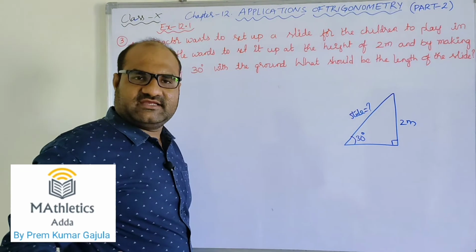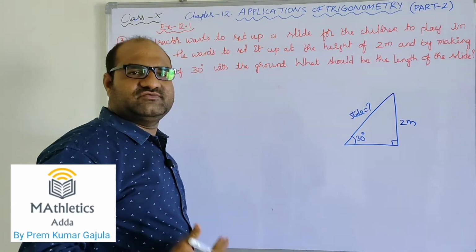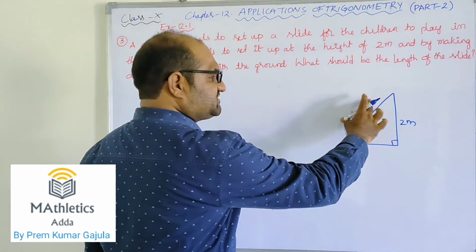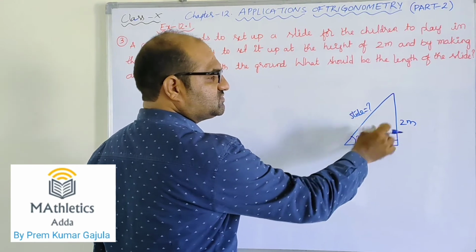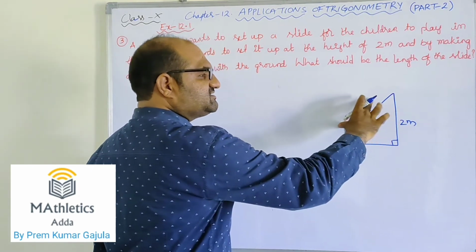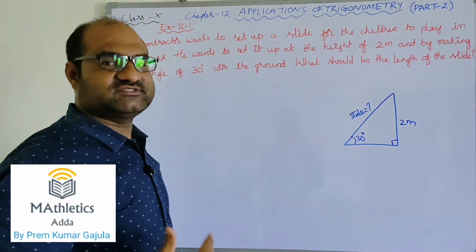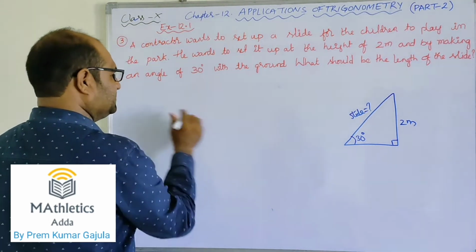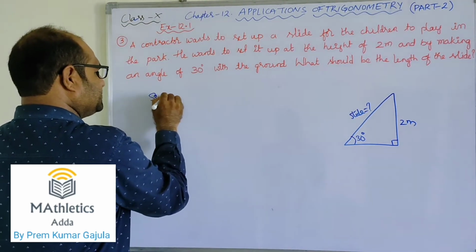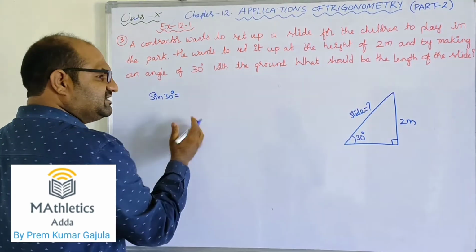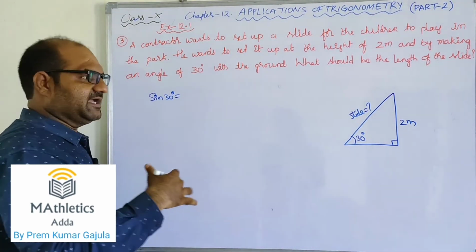Now decide which trigonometric ratio we should apply to get this by using these two. This is the opposite side and this is the hypotenuse. So which trigonometric ratio? Yeah, very good, sine 30. So now I am applying sine 30 degrees. Sine 30, we know, is opposite by hypotenuse.